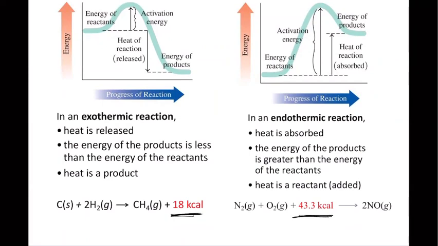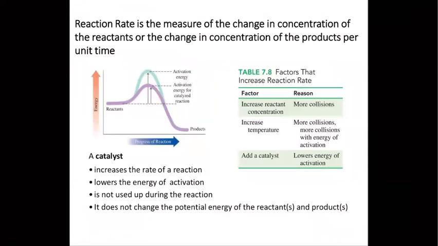Now, understand that so far, since we've been talking about chemical reactions, we have not talked about the rate of the reaction, okay? The rate of the reaction is a measure of the changing concentration of the reactants or the changing concentration of the products per unit time.